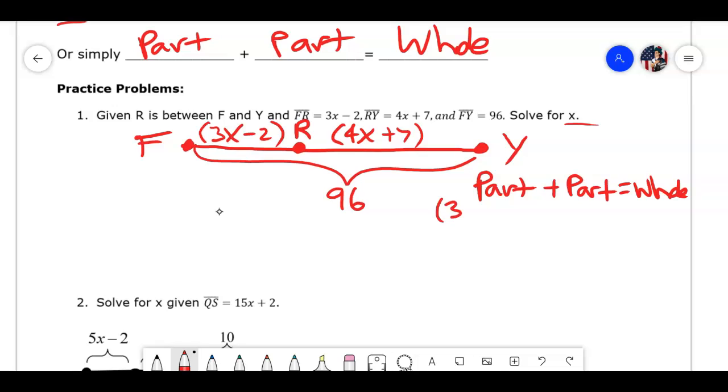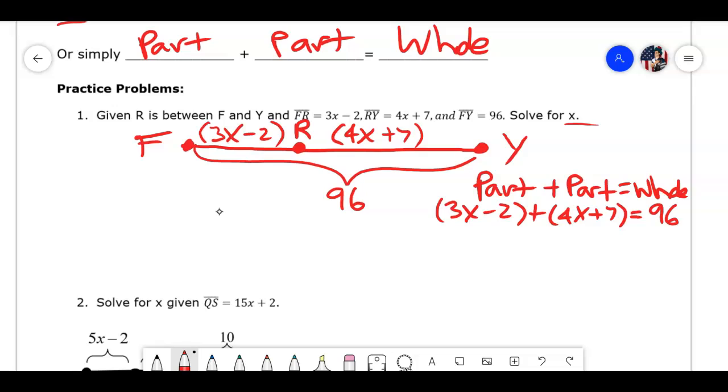Okay, let's write 3x minus 2 plus, what's the second part, RY? 4x plus 7. Perfect. And now I just got to put, what does it equal? So what's the whole segment FY? 96. Very good. Half the battle is setting it up. But if you remember, part plus part is whole, that'll help you get there.